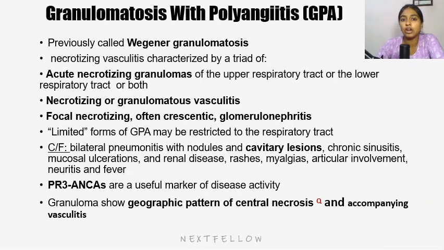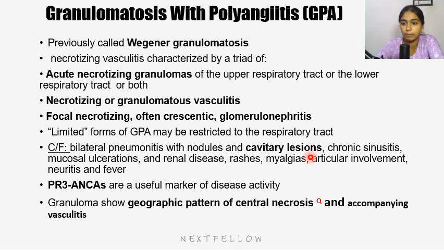Next, coming to granulomatosis with polyangiitis, it is also called Wegener granulomatosis. It presents with three features, that is acute necrotizing granuloma of the respiratory tract, necrotizing or granulomatous vasculitis, and focal necrotizing or crescentic glomerulonephritis will also be present. The limited form of Wegener disease will be restricted only to the respiratory tract, and clinical features involve bilateral pneumonitis with nodules and cavitary lesions.